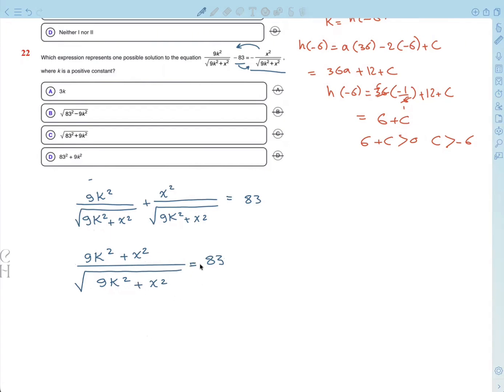Now you can remove the numerator, and then you have root 9k squared plus x squared.